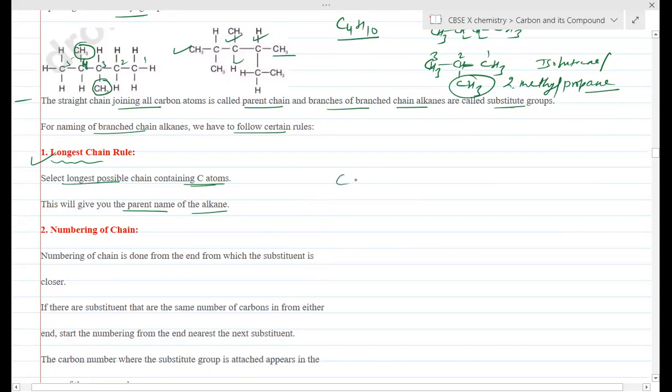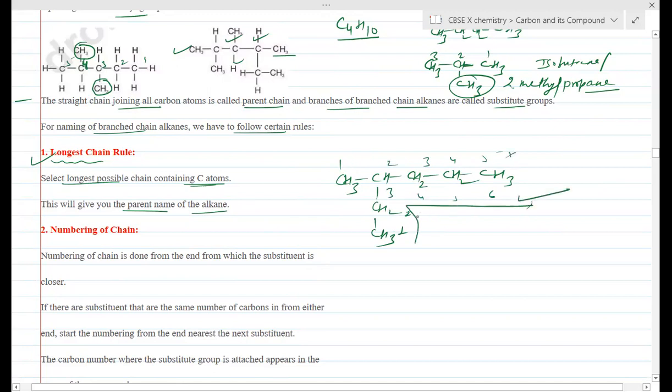For example, if you name from here 1, 2, 3, 4, 5, we are getting 5 carbons. Okay, the long chain is 5. But if you name from here 1, 2, 3, 4, 5, 6. So we should move in such a way that the longest chain is selected. This is wrong. So what will be the name of this? The 3rd carbon contains a methyl group. So we can write 3-methyl.